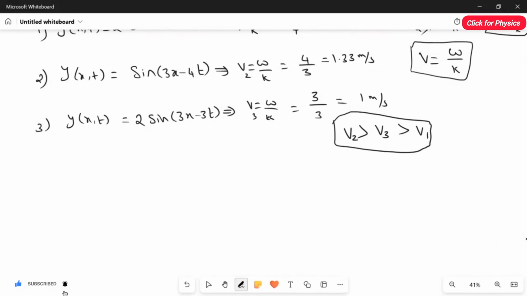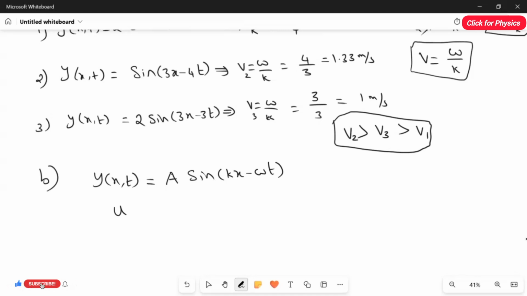wave equation. So this is our wave equation, y of x comma t, equal to amplitude multiplied by sine of kx minus omega t. So transverse speed, let's take the letter u.